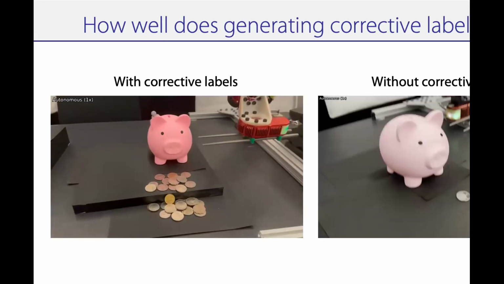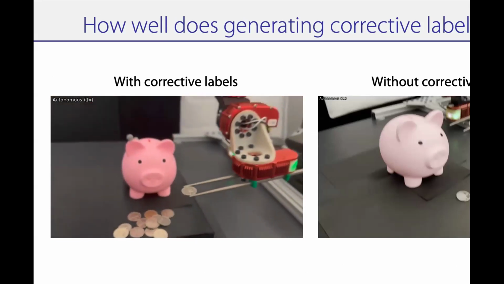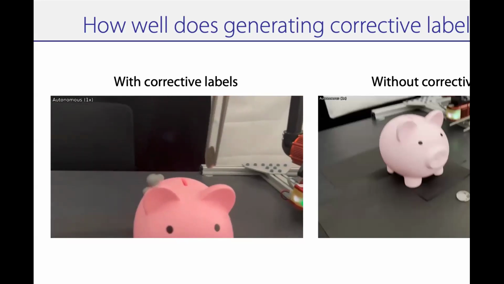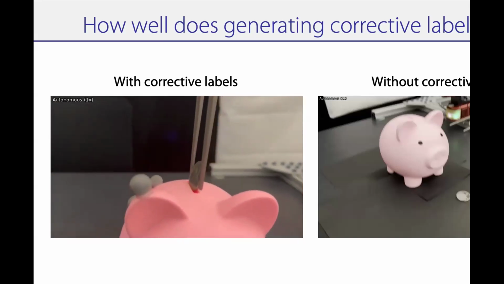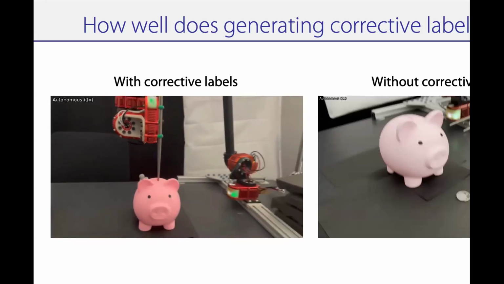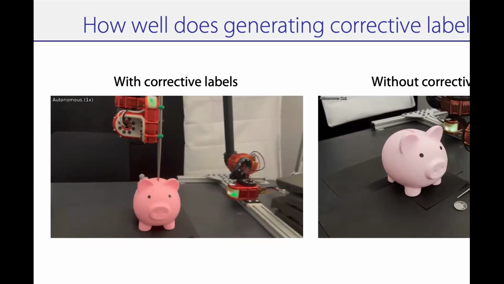Okay, so here are some examples of this in practice. For all your piggy bank coin needs, this is some of our results where we saw that with corrective labels, you're able to get really precise manipulation. Without the corrective labels, you see little bits of drift.